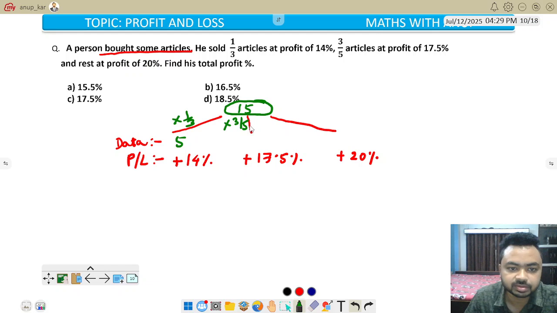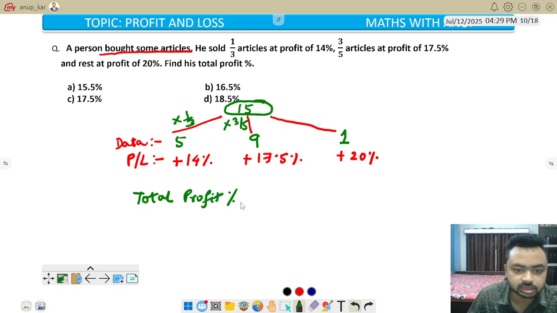And 3/5 of 15 is how much? It is 9. So 5 plus 9 is 14, and the remaining is 15 minus 14, which is 1. So find the total profit percent. Obviously it will be plus, so it will be profit percent only.